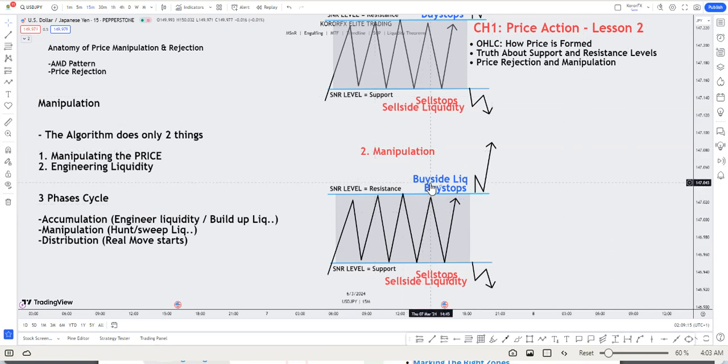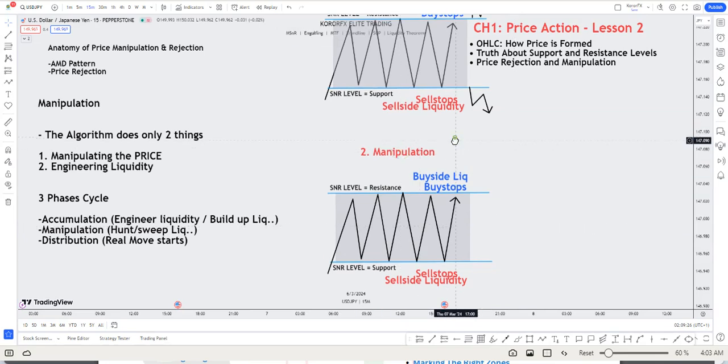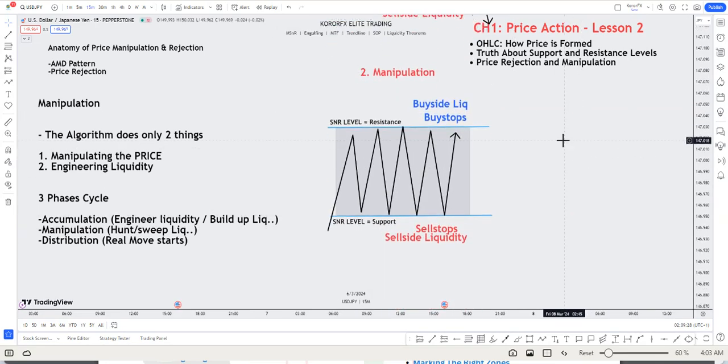After price creates stops above the high and below the low, the next thing is manipulating and taking these stops. So price will break on one side, or maybe two sides.